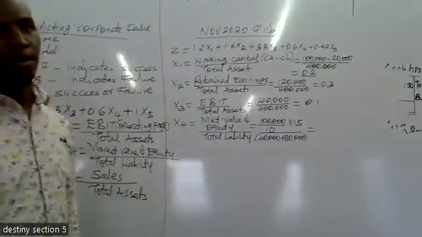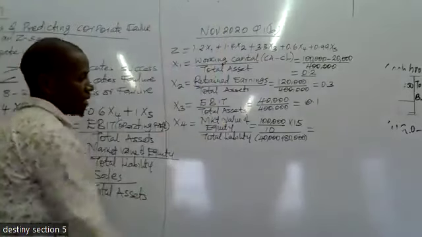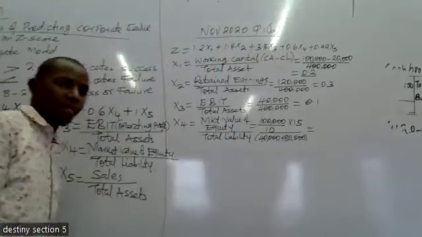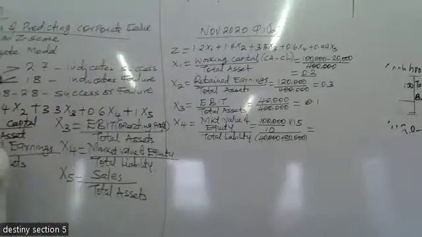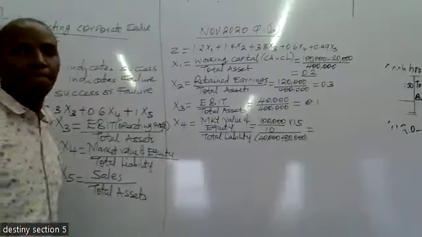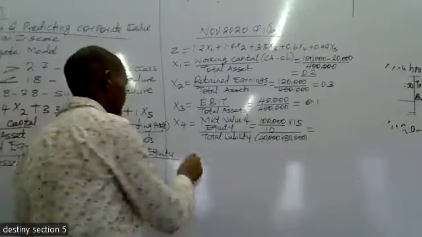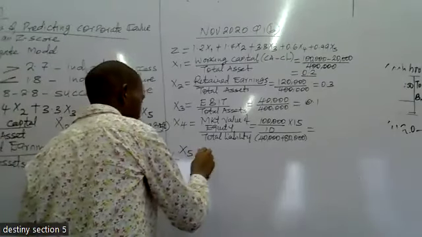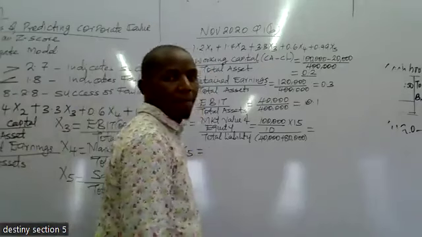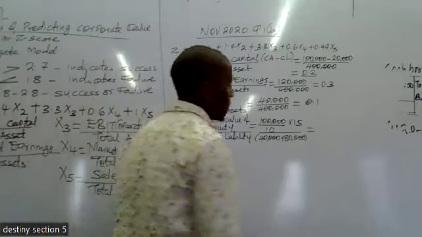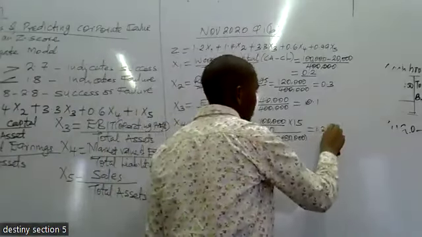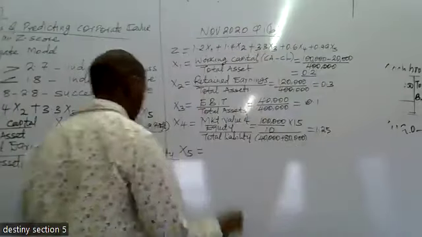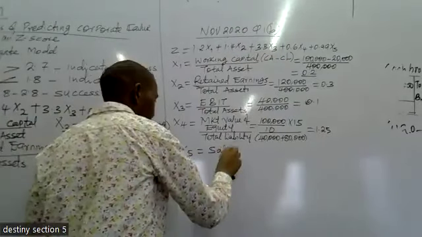And that is why in this case we're taking them as part of liability, which gives you 1.25. And then the last one is the X5.